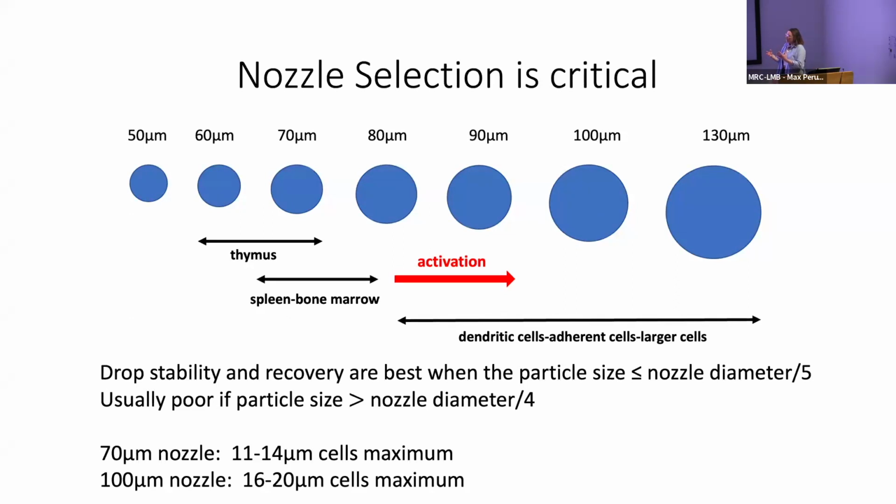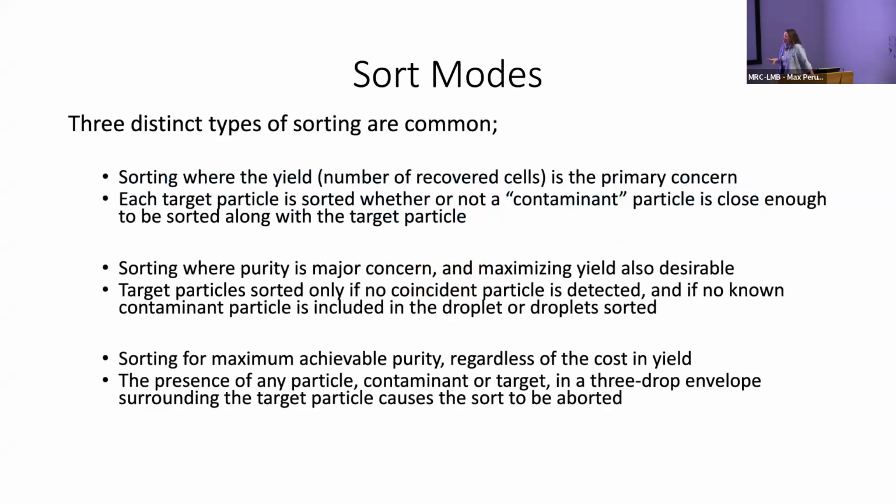And so that might be more advantageous if the cell type that you're trying to isolate is extremely sensitive. Even though it might be small, it sometimes is better if we use a larger nozzle and a lower pressure.